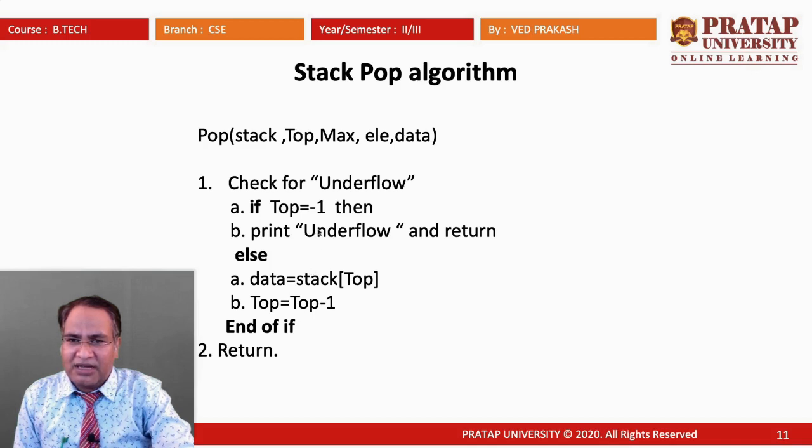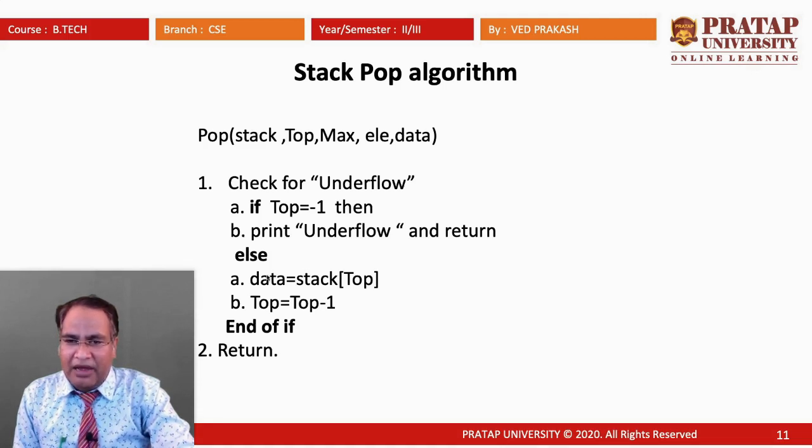If our stack is not in the underflow condition, then we can perform the pop operation. The first statement of the pop operation is that the value denoted by the top will be removed and put into a new variable, data.